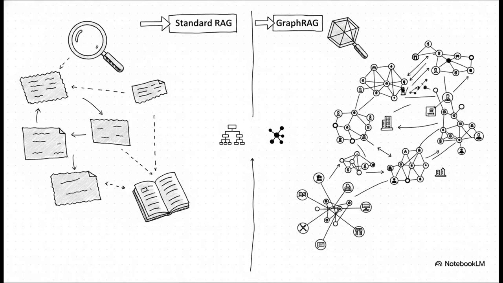I really want to zoom in on that third one for a second, Graph RAG, because this brilliantly illustrates just how advanced this architecture is getting. Look at these two approaches side by side. Standard RAG relies on standard document chunks. It finds a chunk of text that is semantically similar to your query. But what if your data is highly interconnected, like a huge network of academic papers or a really complex corporate hierarchy?